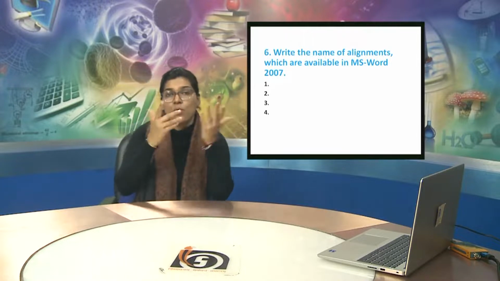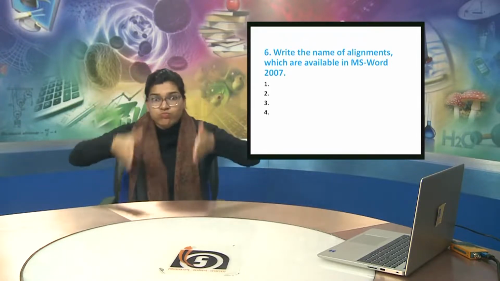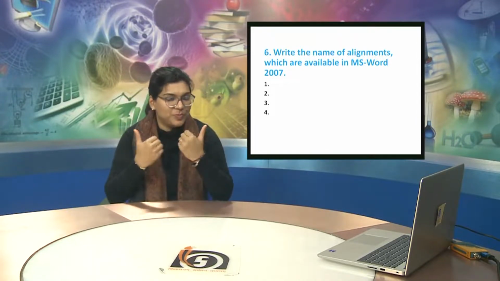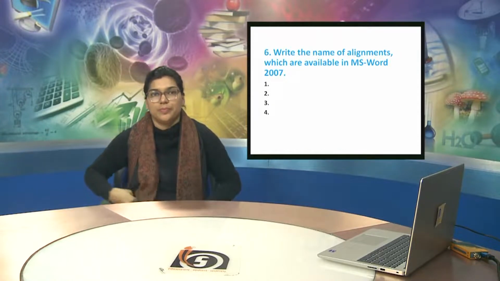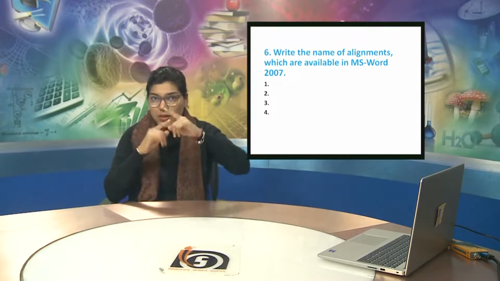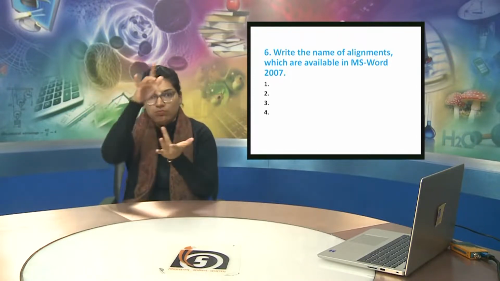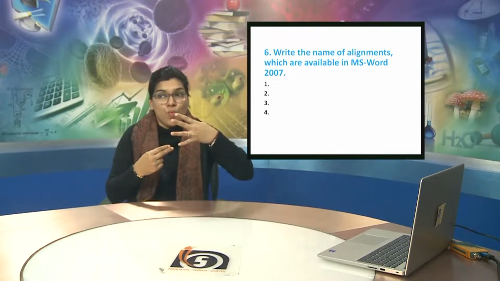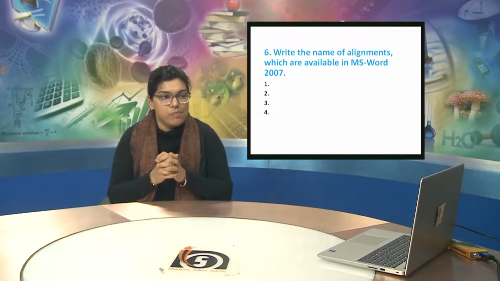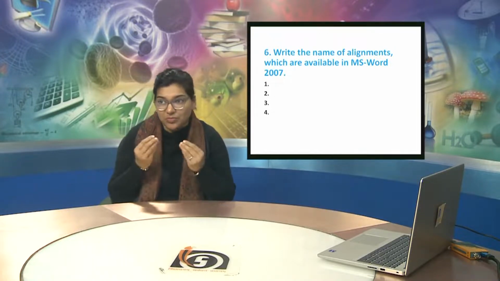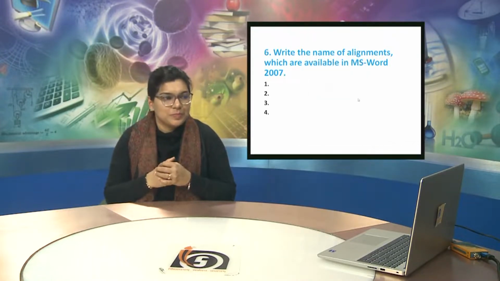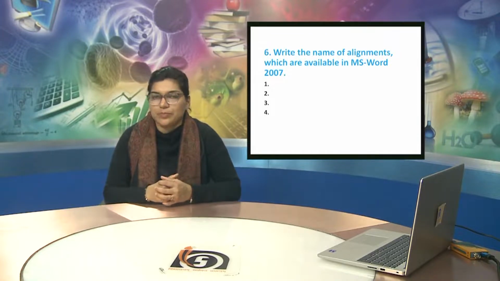Write the names of alignments which are available in MS Word 2007. What do you think is the right option? 1, 2, 3, 4. Do you know the meaning of alignment? Please write it. What do you think are the possible alignments in MS Word 2007?